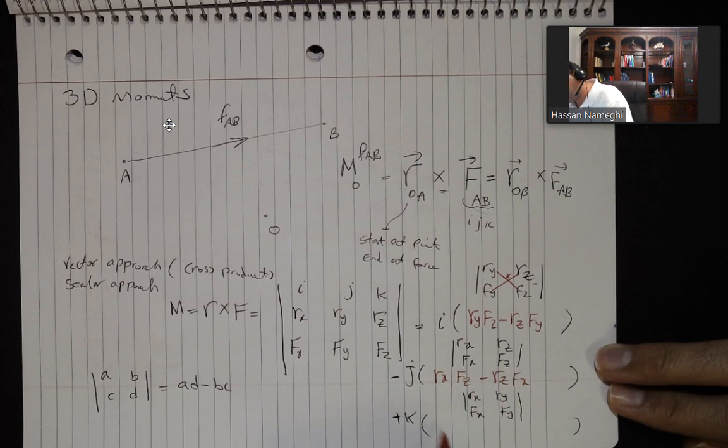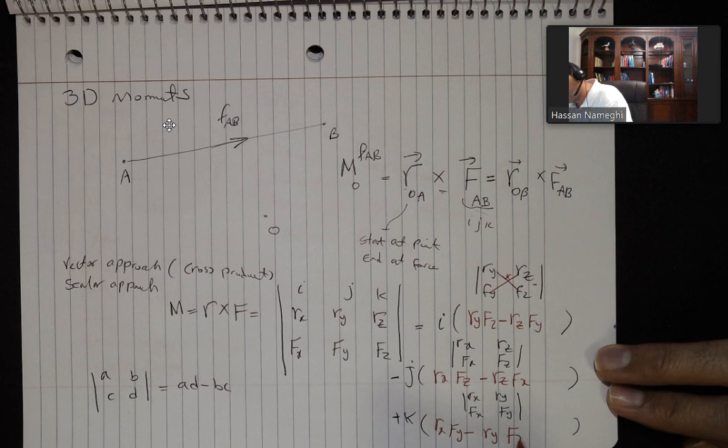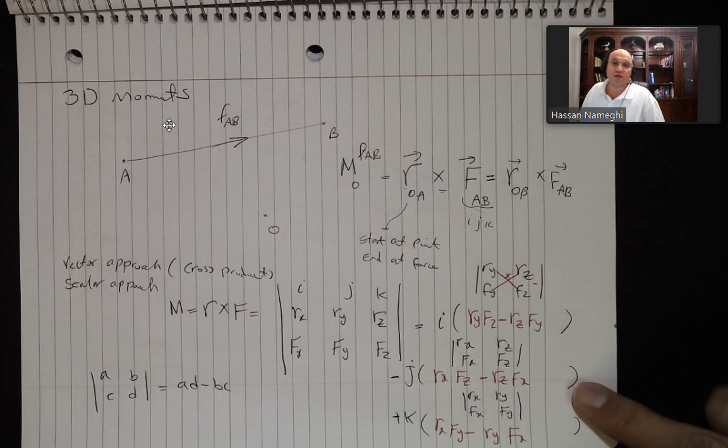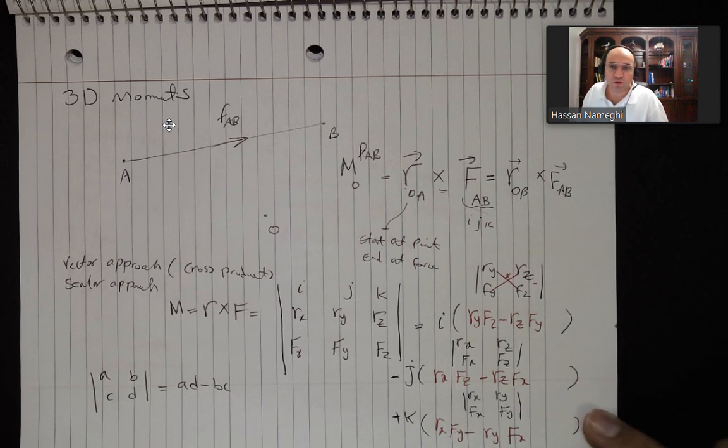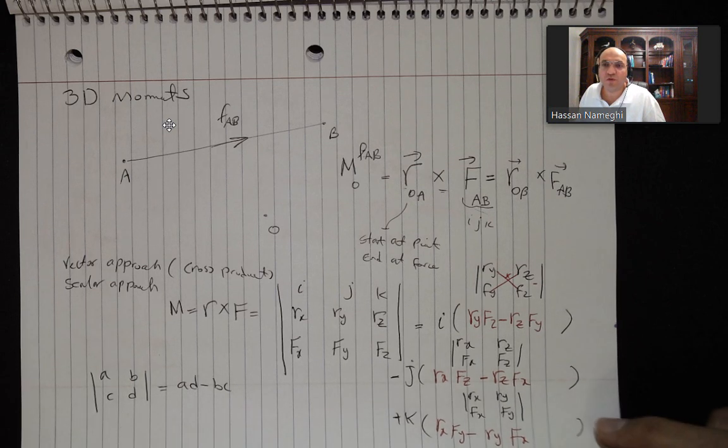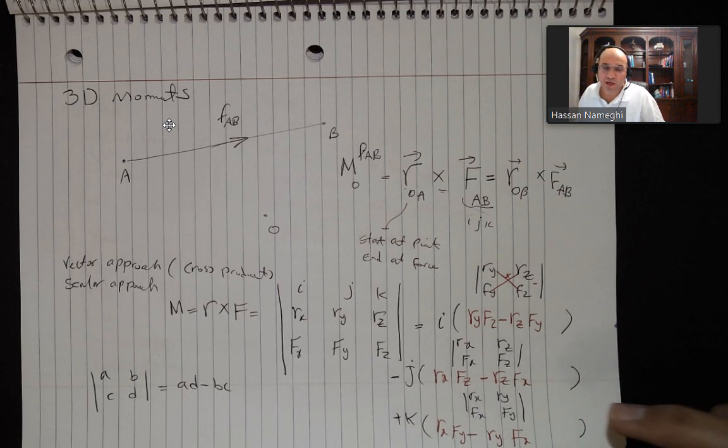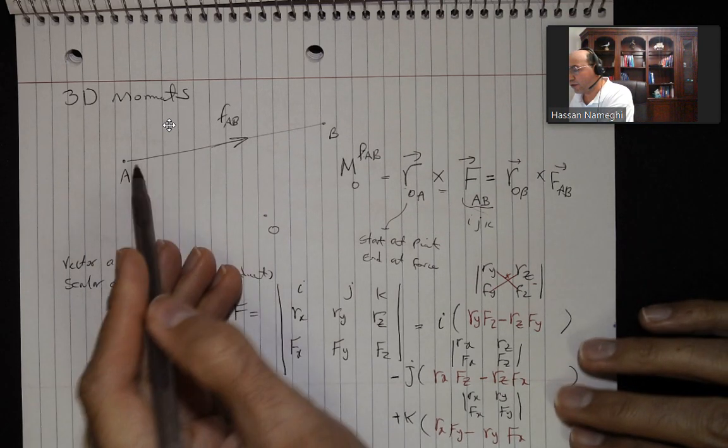And the last one is Rx Fy minus Ry Fx. So this is the cross product, the method I taught you in calculus 3. We talk about having two vectors. In this case, what do these two vectors mean? One of the vectors is the force.